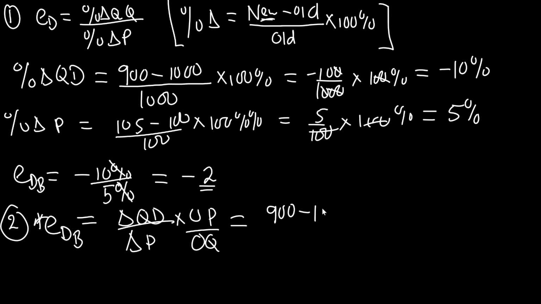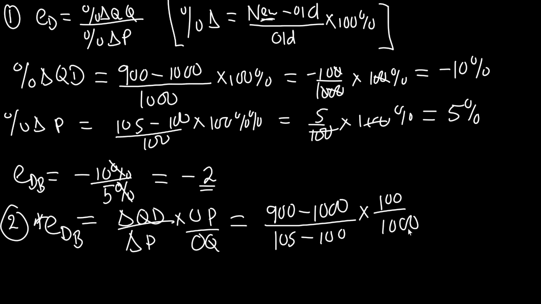The original one is 1000. The new price for both of them is 105. The old is 100. We multiply that by the original price, which is 100, over the original quantity, which is 1000. There are no percentages here. There are no percentages at all.